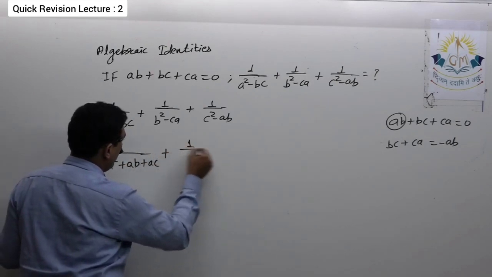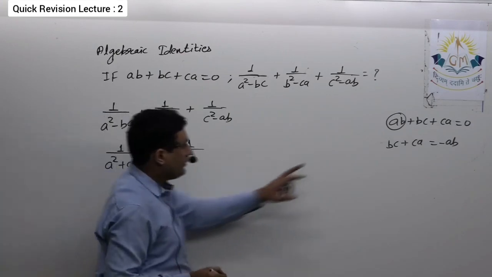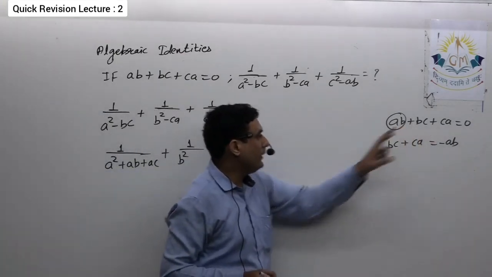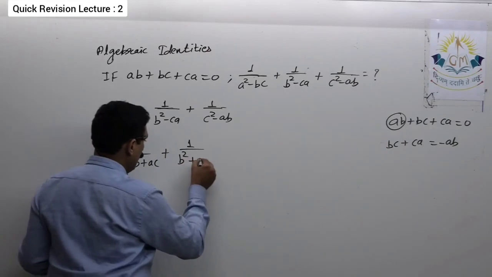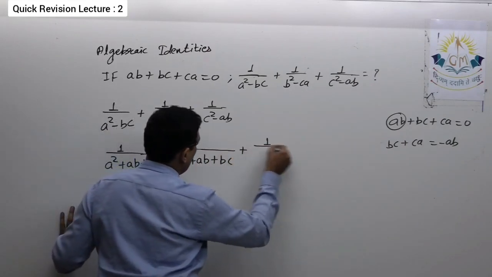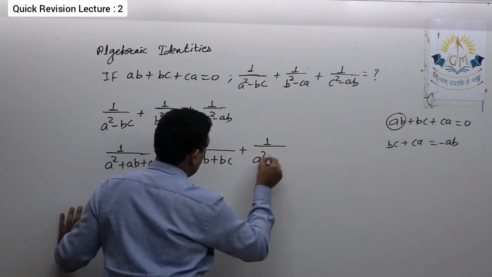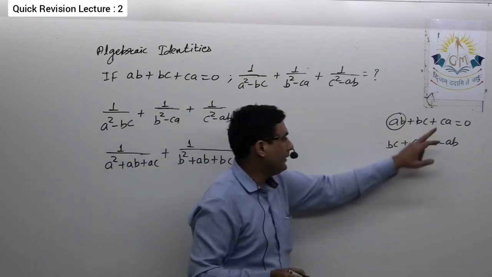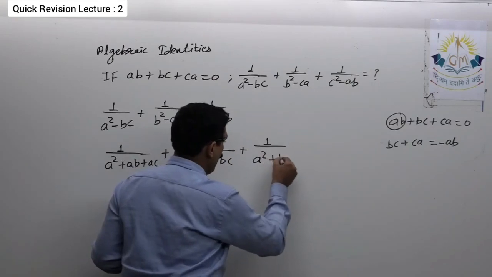So the first term is 1 upon A square plus AB plus AC. Then 1 upon B square, and this minus CA will be equal to AB plus BC. Then 1 upon C square, and minus AB can be written as BC plus CA.